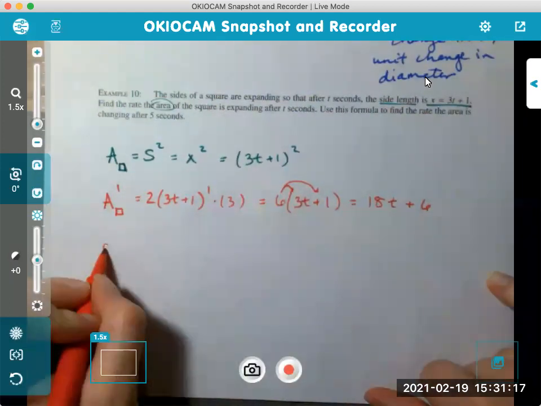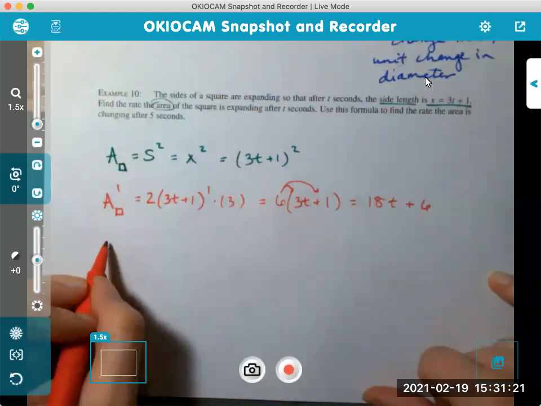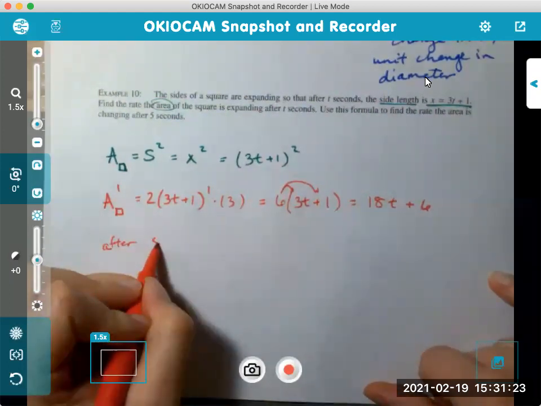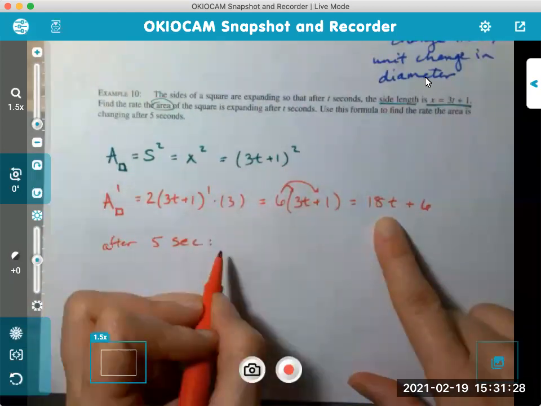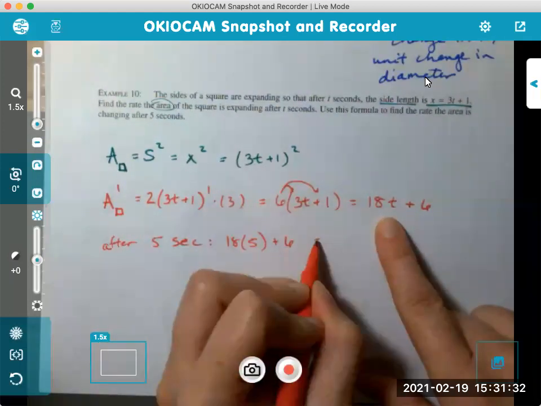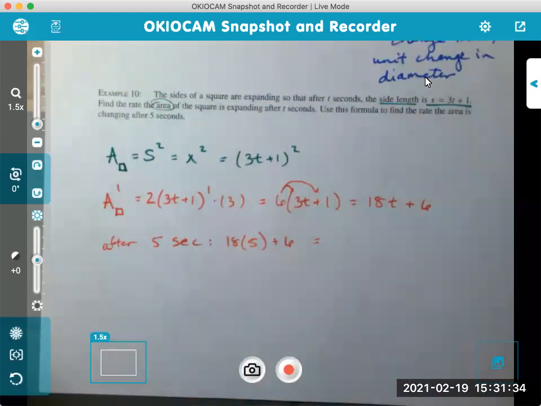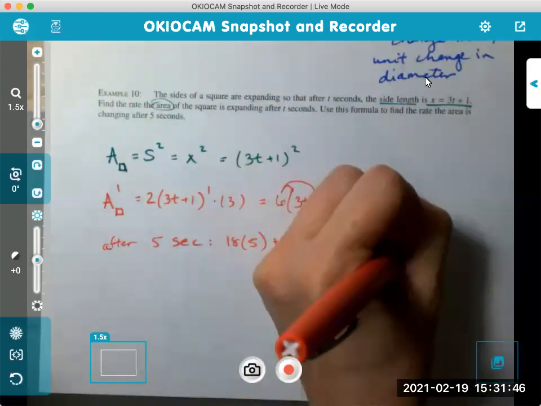So now if I want after 5 seconds, we're just going to throw in 5 for t. 18 times 5 plus 6. My brain is not that fast, so I'm going to cheat with my handy dandy calculator. 18 times 5 is 90, plus 6.